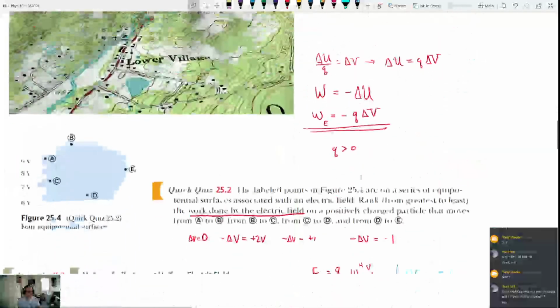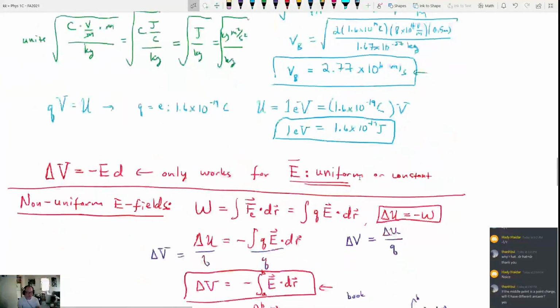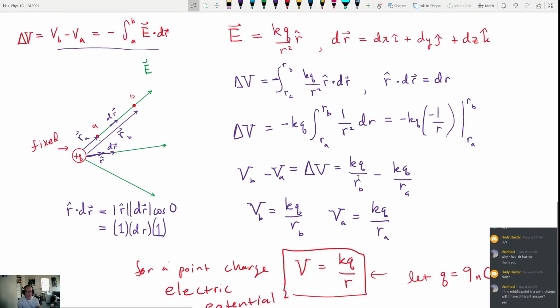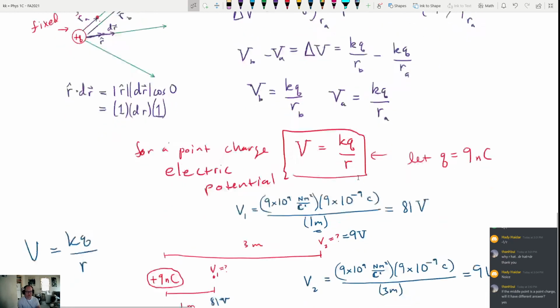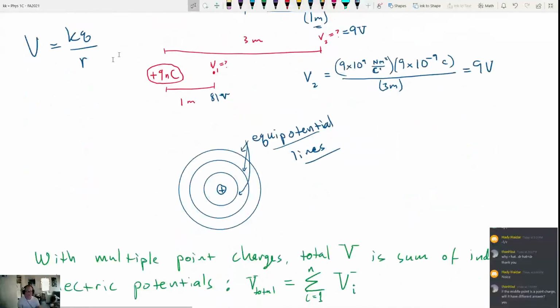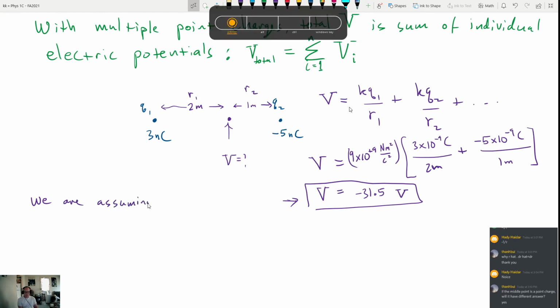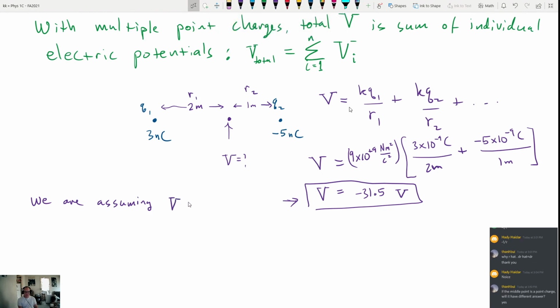When we're talking about point charges, the usual thing to do is to make the electric potential equal to 0 at infinity, because of how we've defined this. We are assuming that V is equal to 0 at an infinite distance away.